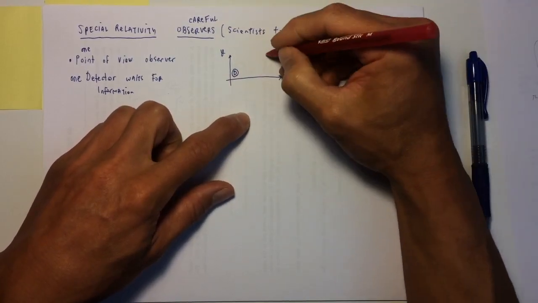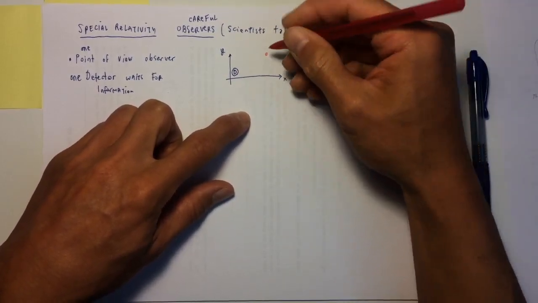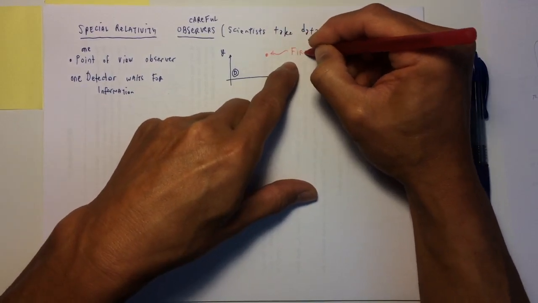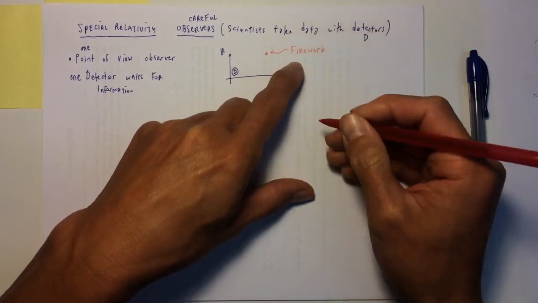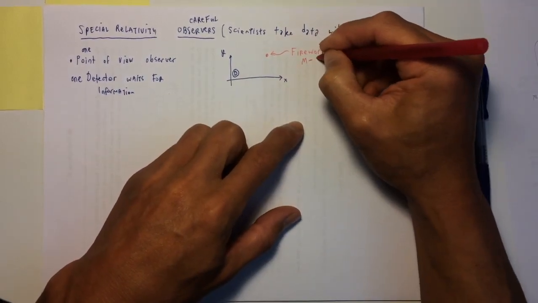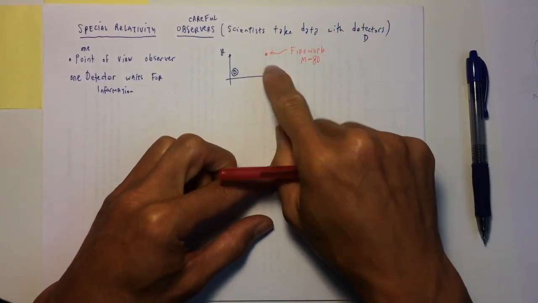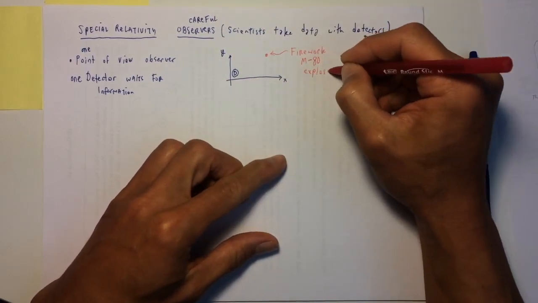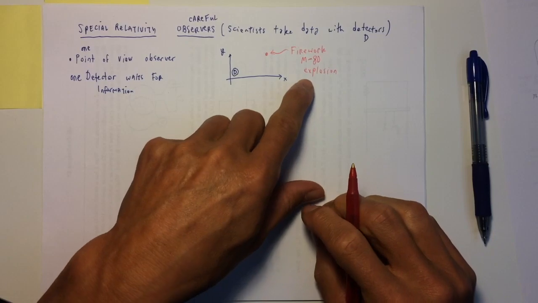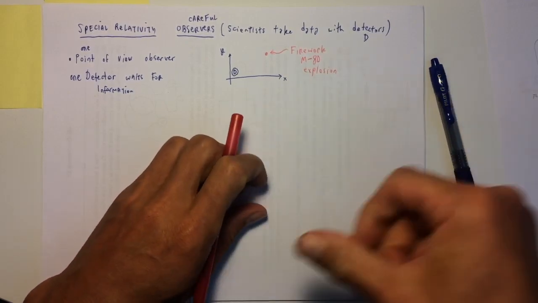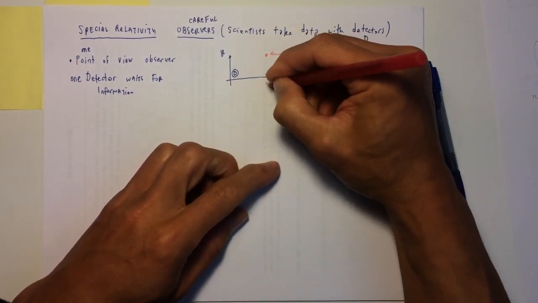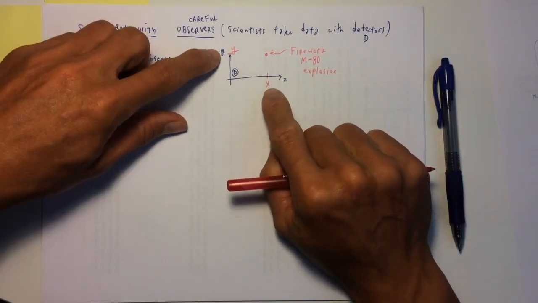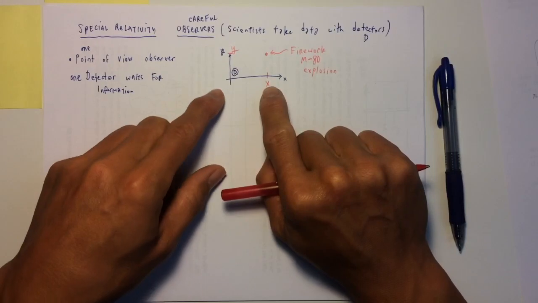So if something happens, for example, let's have a firework, like a little M80. This little firework explodes, so this is a little explosion, and this explosion happens at this x coordinate and this y coordinate. So that's the location of the explosion.